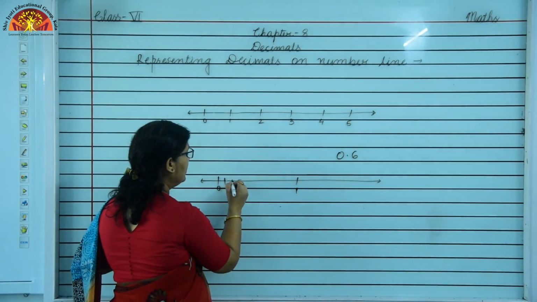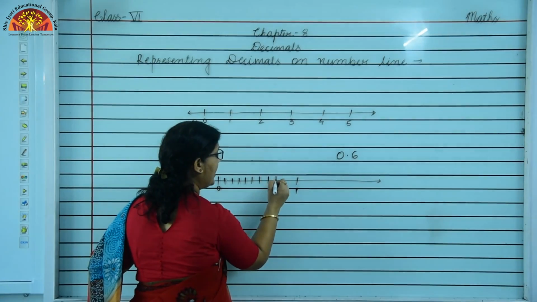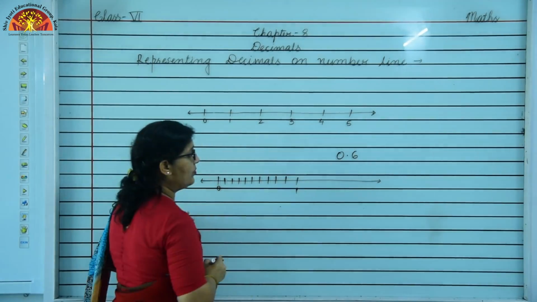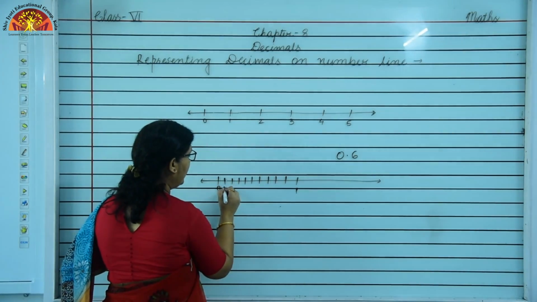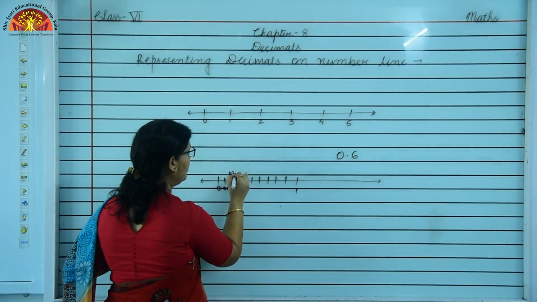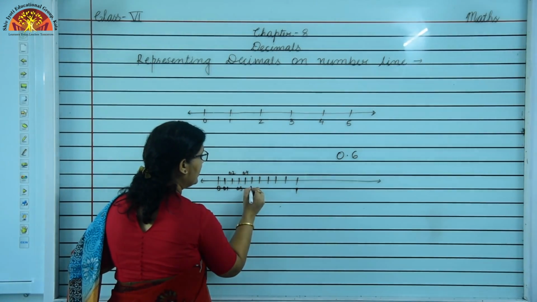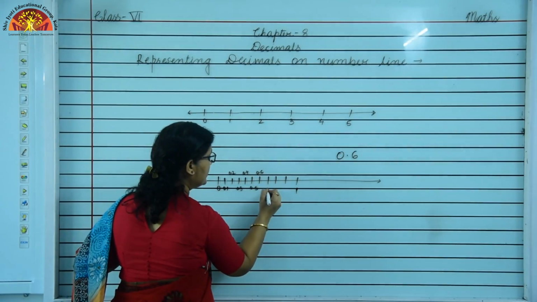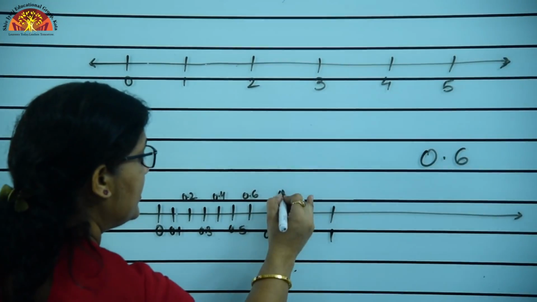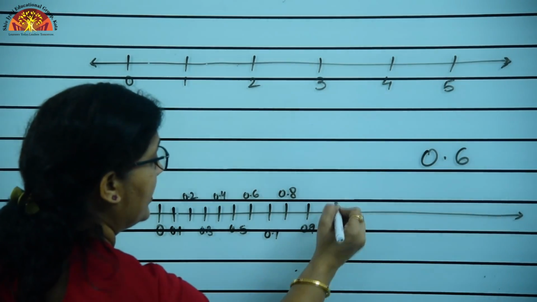This is 1, 2, 3, 4, 5, 6, 7, 8, 9 and 10 equal parts. Now this is 0, this is 0.1, this is 0.2, this is 0.3, 0.4, 0.5, 0.6, this is 0.7, 0.8, 0.9 and this is 1.